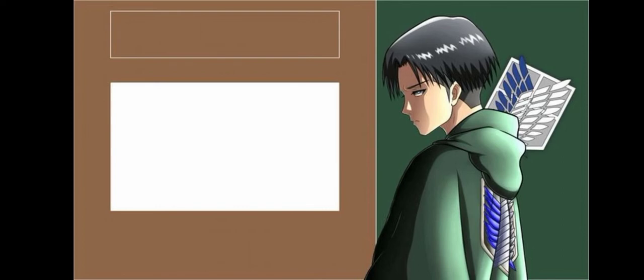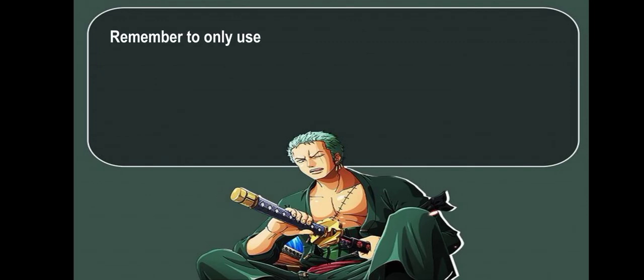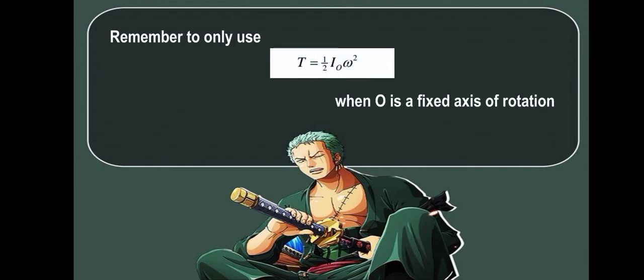Let us consider this rigid body wherein, as you can see, our rigid body rotates about a fixed axis through O. Remember to only use the earlier formula 1/2 I_O ω² when O is a fixed axis of rotation.